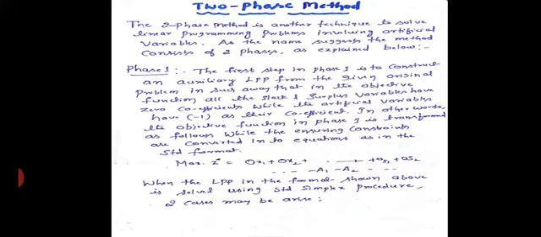In the phase 1 method, the objective function contains slack and surplus along with artificial variables. For slack and surplus variables we need to give coefficient 0, whereas for artificial variables we have to give coefficient -1. So this is the first phase.